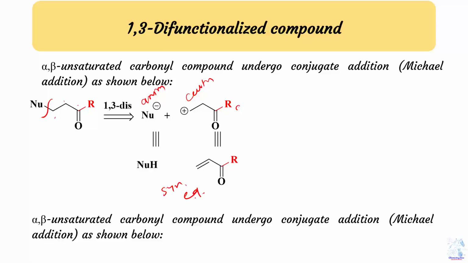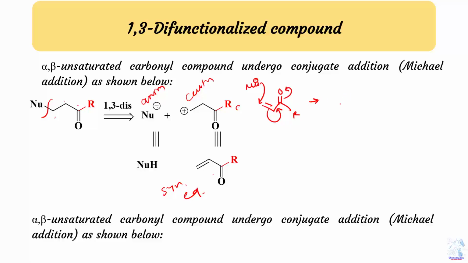So an alpha beta unsaturated carbonyl compound undergoes the conjugate addition, which is shown in the next step. So I will show you how we can attack the alpha beta carbonyl compound. So here we'll take this one. I will draw that compound R double bond. The nucleophile just attacks over here, the bond is shifted to that side and this one is shifted to here.